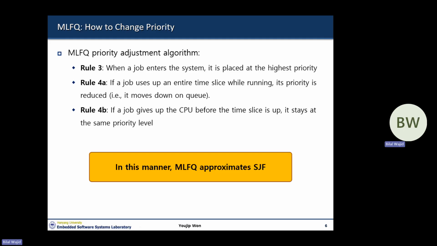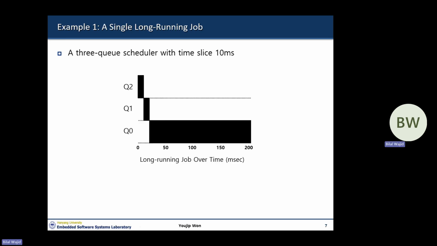If the job consumes its entire time slice, then it wasn't very well behaved, and I'm going to reduce its priority during the next iteration. But if a job relinquishes the CPU before the time slice is up, it retains the same priority. What does that mean? Let's look at this job.